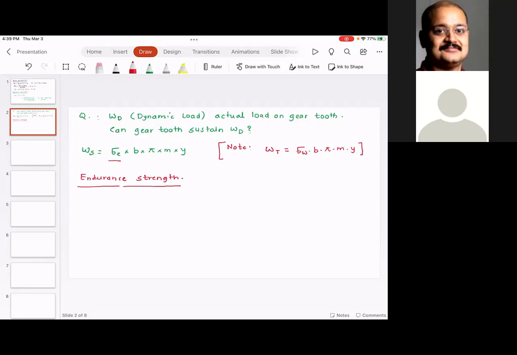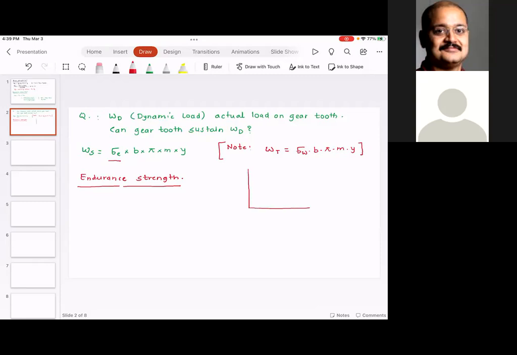Does anyone remember? That is something like the fatigue strength, which means the stress that the material can withstand for an infinite number of cycles.